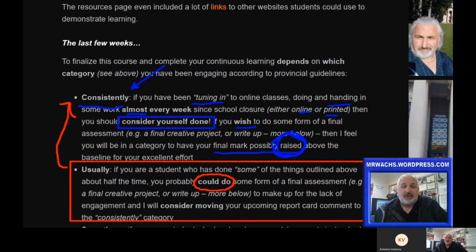Remember, your mark isn't changing, okay? So if you've done about half online engagement and now you'd like to have Mr. Watts put consistently on your report card as a comment, this is where a little bit of a final assessment would be the thing I could use to make up for the fact that you haven't engaged more than half the time.